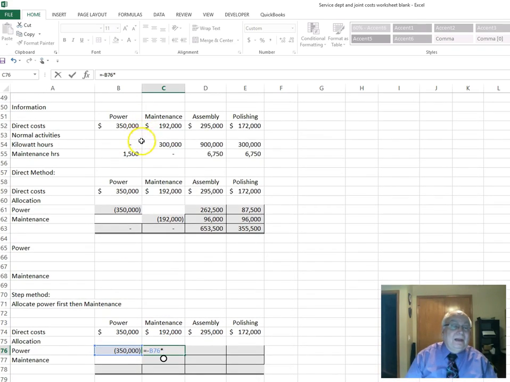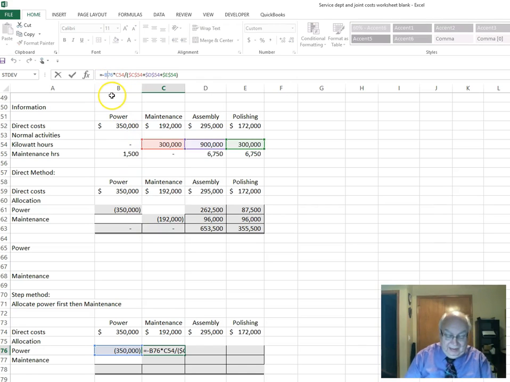Maintenance uses 300,000 divided by the 300,000 plus the 900,000 plus the 300,000, because they're allocated into everything. So that gives us $70,000.